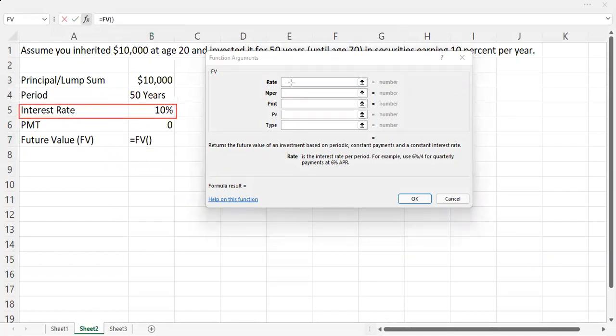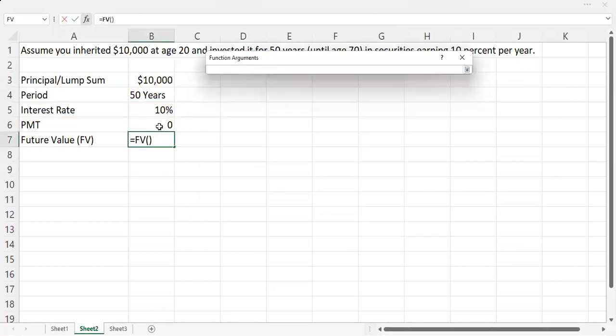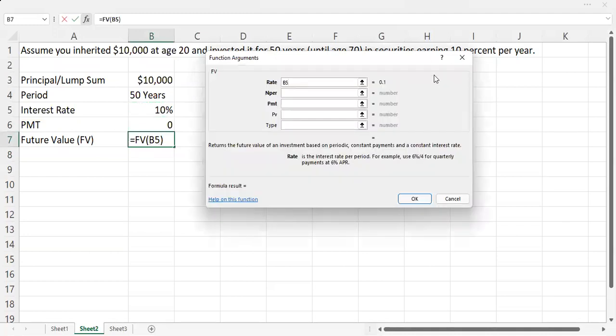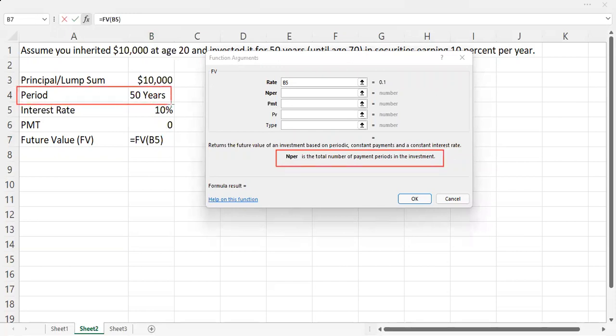So rate is this cell here. The next important field is your NPER, which is the total number of payment periods in the investment. So that corresponds to this one.